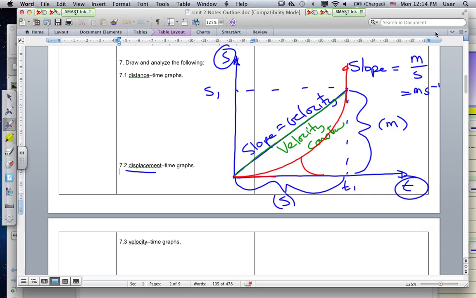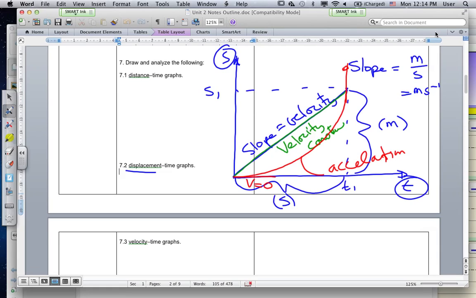This would be accelerated motion. You're getting acceleration taking place here, with an increasing velocity. Here we are starting off at 0, so our velocity here would equal 0, and here our velocity would equal something bigger. So this is accelerated motion.